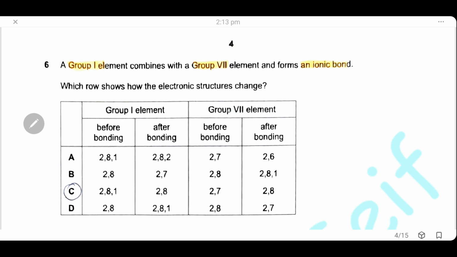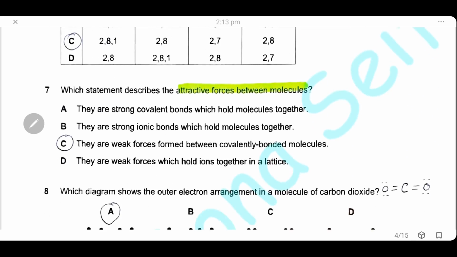Group 7 elements have 7 electrons in their outer shell. They form a negative ion by accepting 1 electron, so the electron configuration will change from 7 to 8 after bonding. The answer is C.